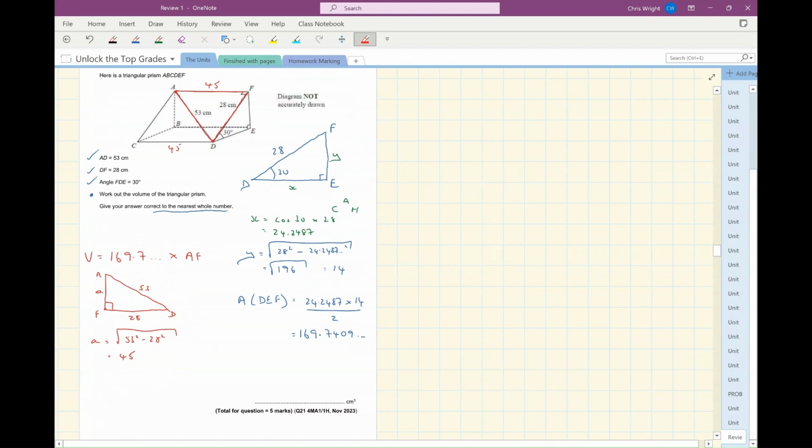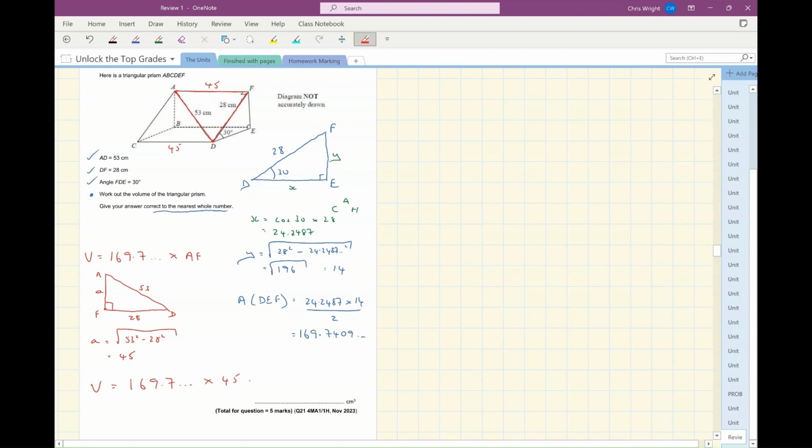So the volume of my prism is going to be 169.74 and so on, times by 45.